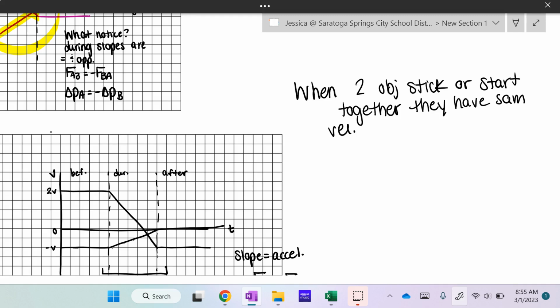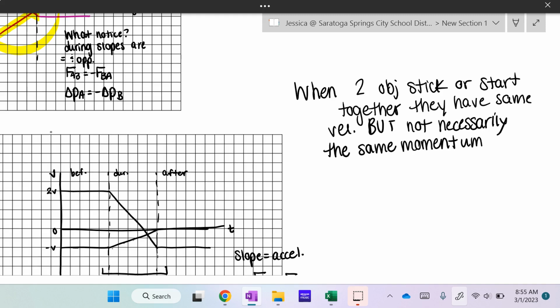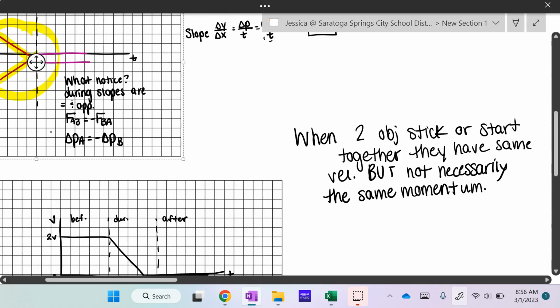So on this velocity versus time graph, the two lines will overlap each other if they're traveling at the same speed, but not necessarily the same momentum. Right? Like if we have two objects traveling at the same speed, but they have different masses, then these momentum graphs will not overlap like we might expect.